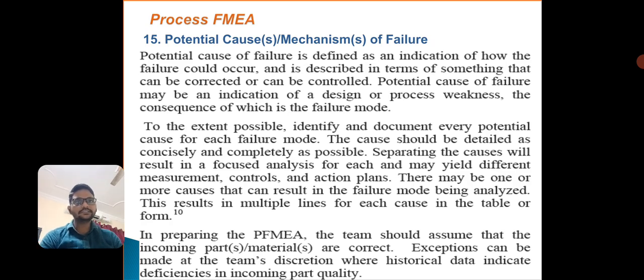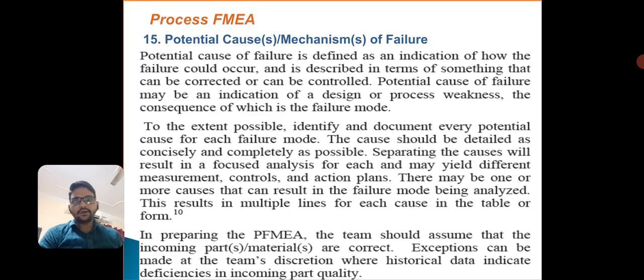To the extent possible, identify and document the potential cause for each failure mode. The cause should be detailed as consistently and completely as possible. Separating the causes will result in focused analysis for each and may yield different measurements, controls and action plans.